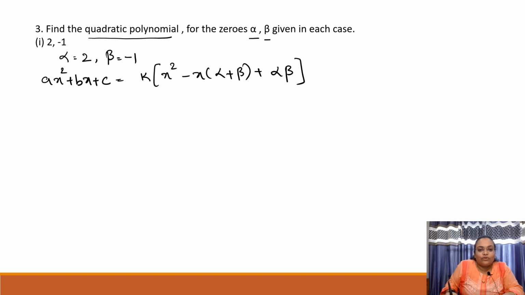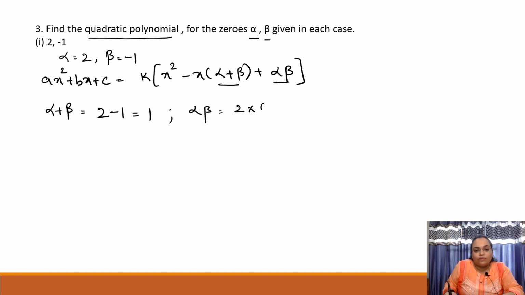Yes. So, we need to find alpha plus beta and product of zeros, right? So, now let us find alpha plus beta. What is alpha? That is 2, plus of minus is minus, 2 minus 1 is 1, and alpha beta is 2 into minus 1 is minus 2.